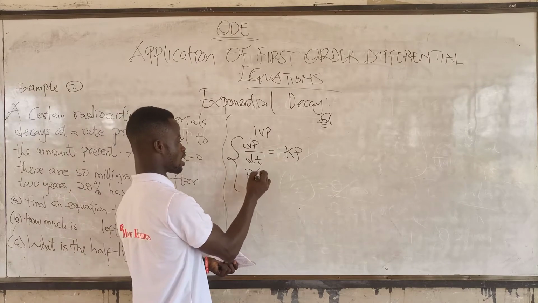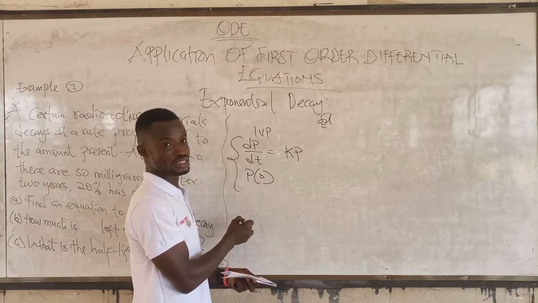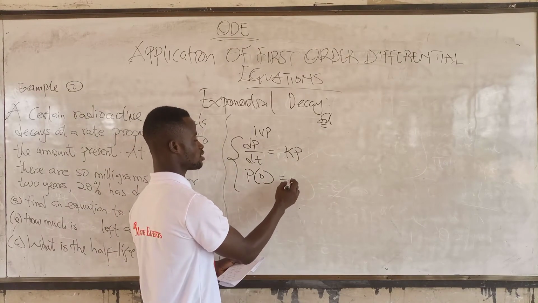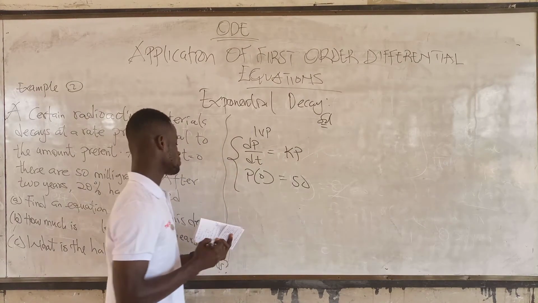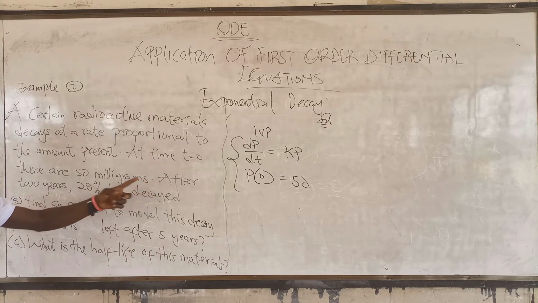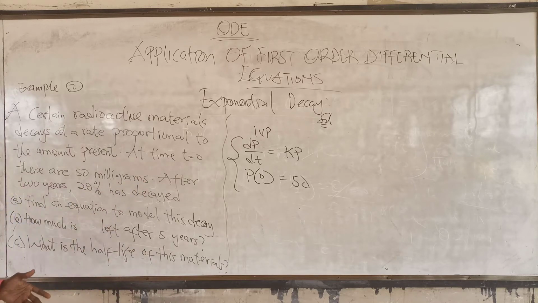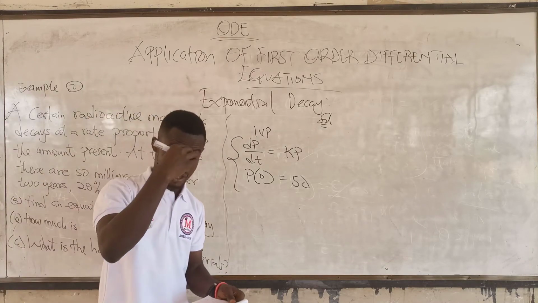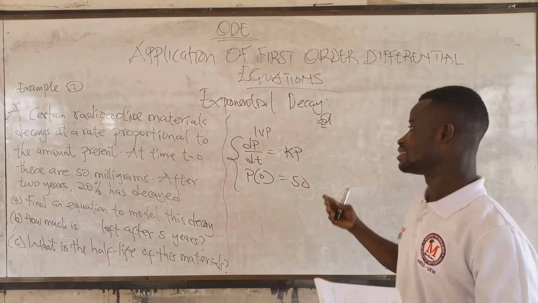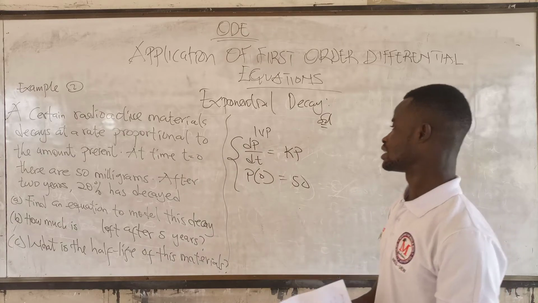So always take your time when you are solving it. So P of 0 is 50 milligrams. After 2 years, 20% has decayed. That means that 80% is not decayed.